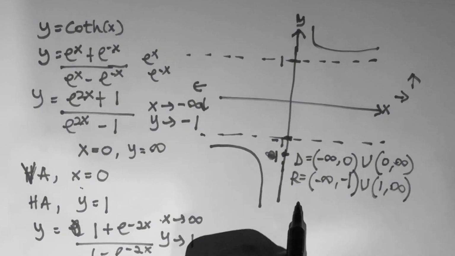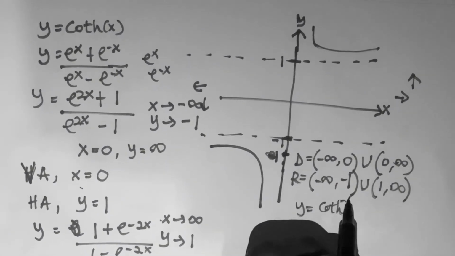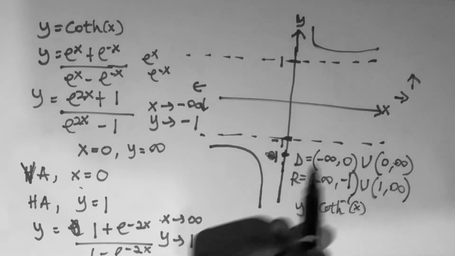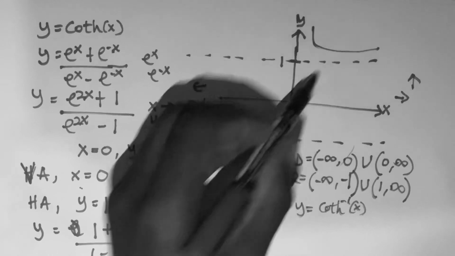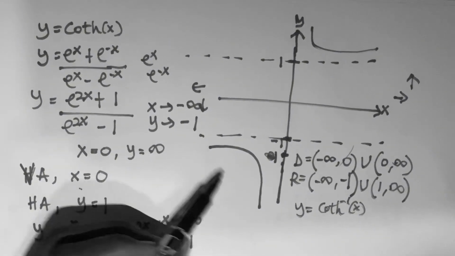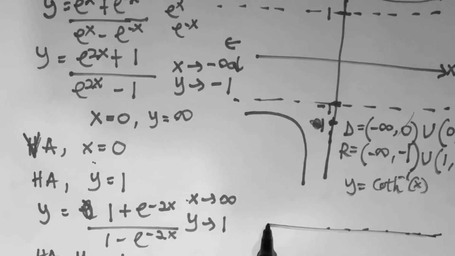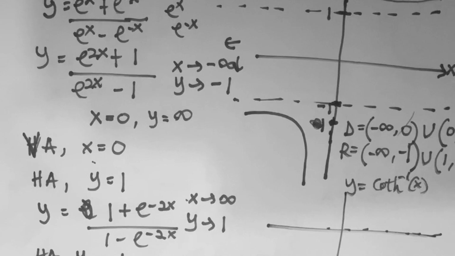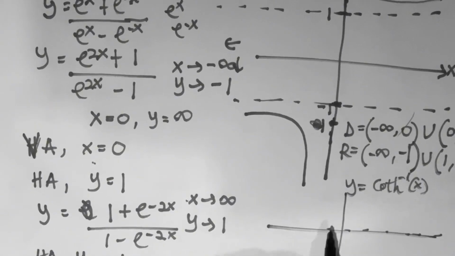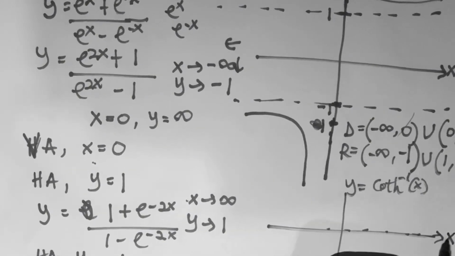What if y is equal to the coth inverse of x? We only need to reflect this line, or put a mirror here and then reflect the curve. So let me sketch it very little here. So this now has horizontal asymptotes here.